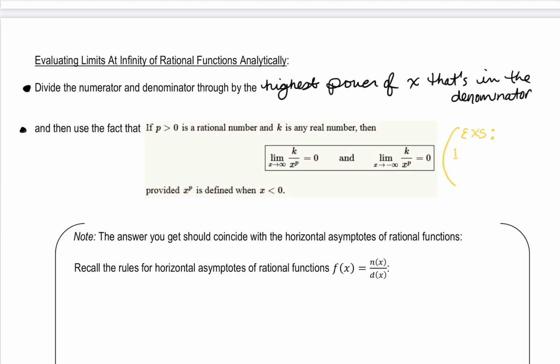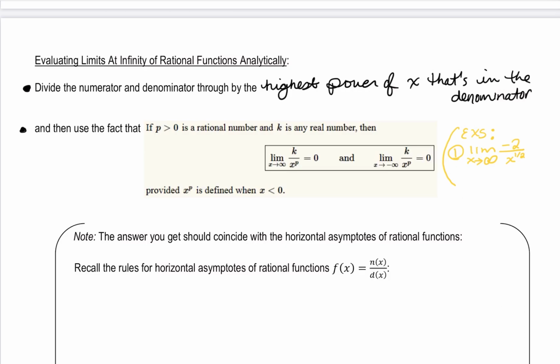So if I was looking at the limit as x goes to infinity of a constant, let's say -2, over x to the positive 1/2, and of course that is the same thing as the square root of x. As x gets bigger and bigger, the square root of x gets bigger and bigger.